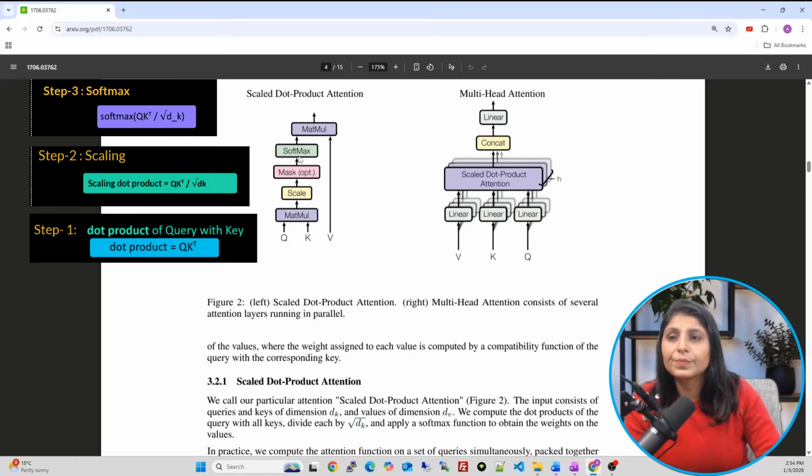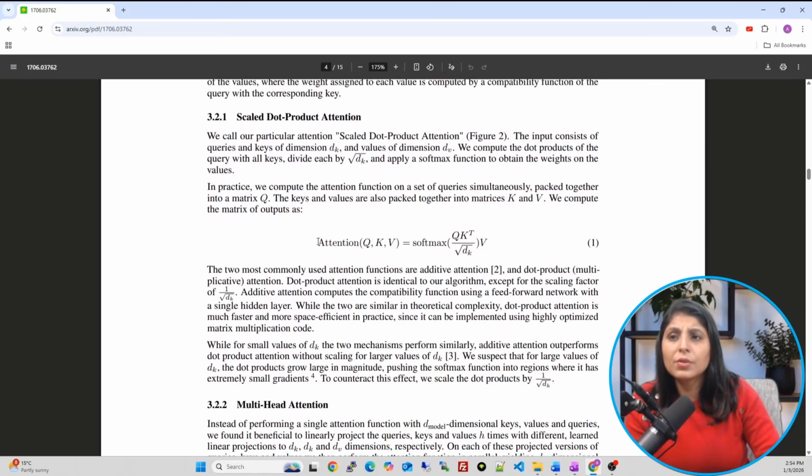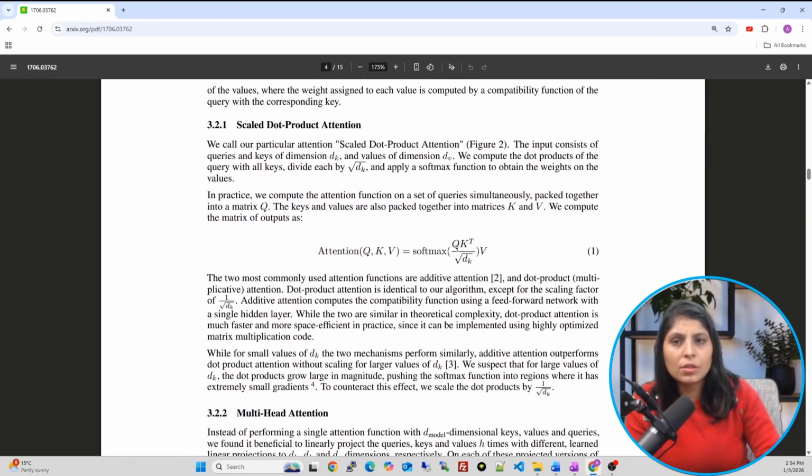So this is the formula we used. Now you know what Q is. Q is query. K transpose: I have explained why we did this K transpose, because we want to perform the multiplication, and we can perform the multiplication after transposing only. And the square root of dk: why did we do the square root of dk? Because we want to scale the values, and then we applied softmax on it, and then we multiplied it with the value. This is how you get the attention scores.